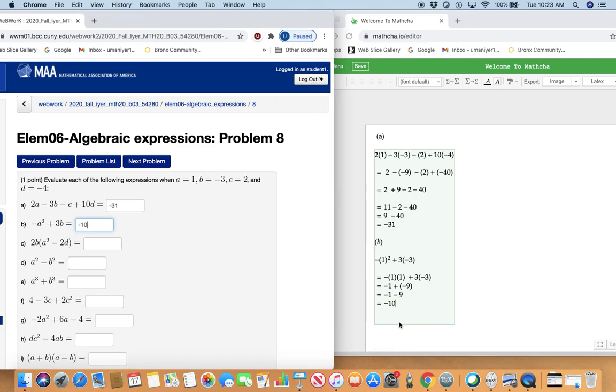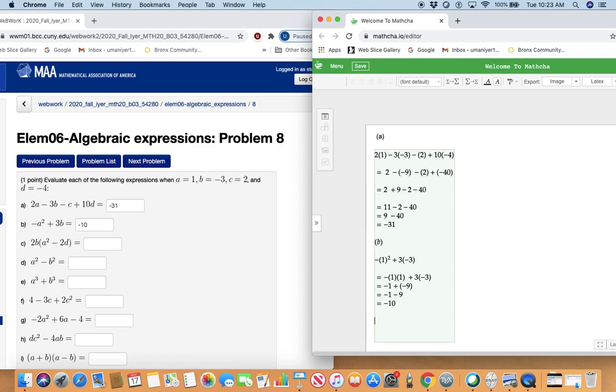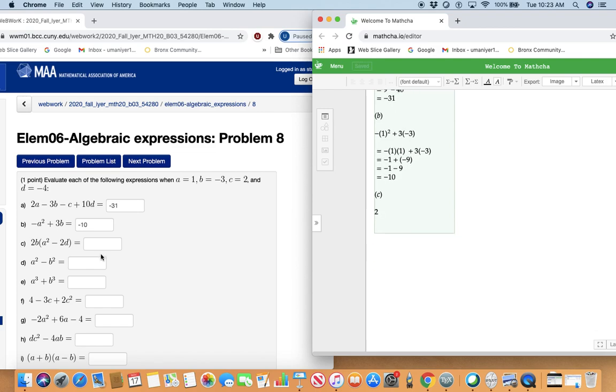Okay, next question. 2 parentheses, open parentheses, now that's a squared. So parenthesis power 2 minus 2 parentheses. A squared minus 2d. Any place I see a variable, I replace the variable by parentheses. Now fill in the blanks.